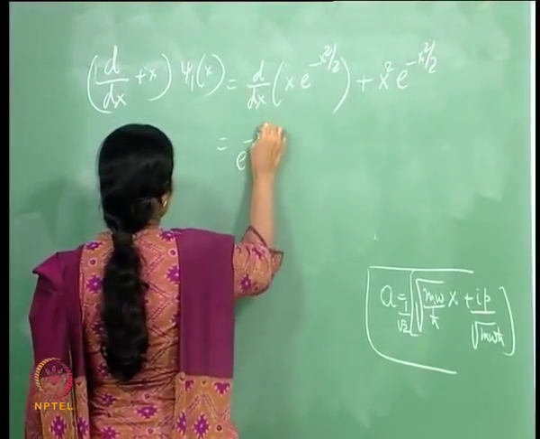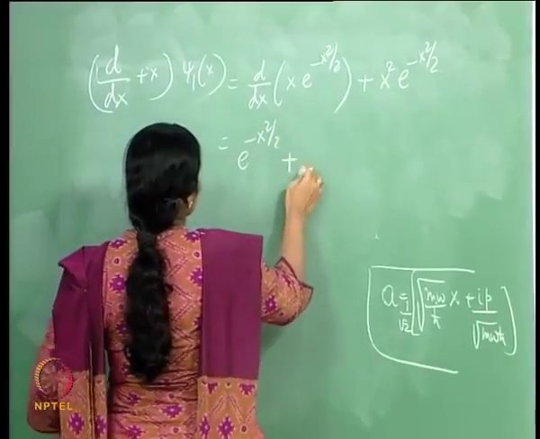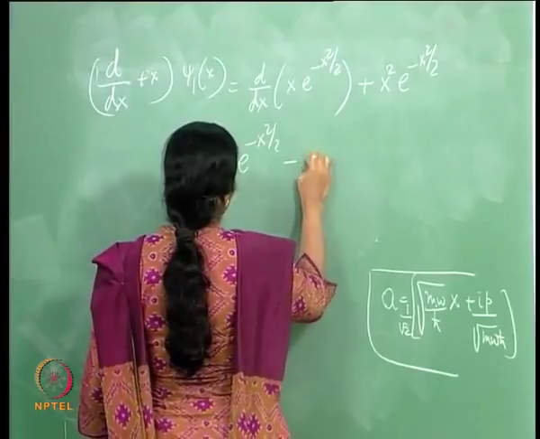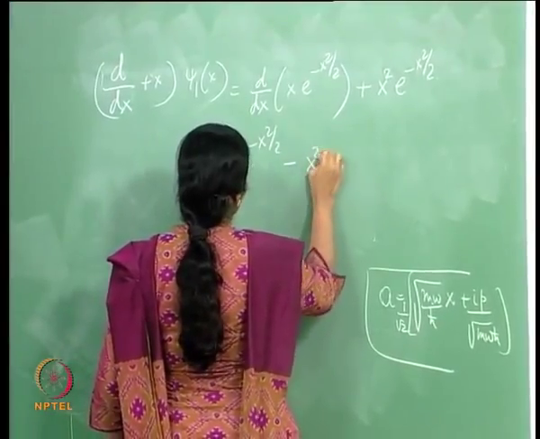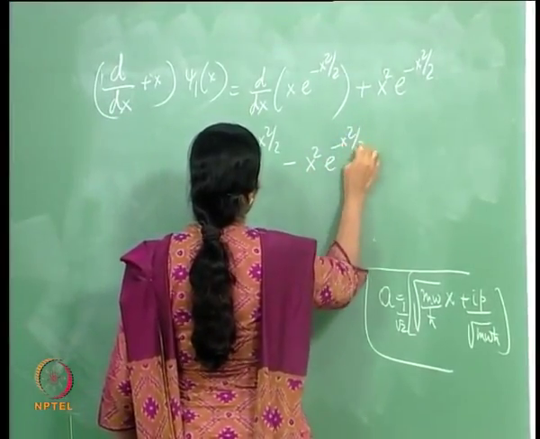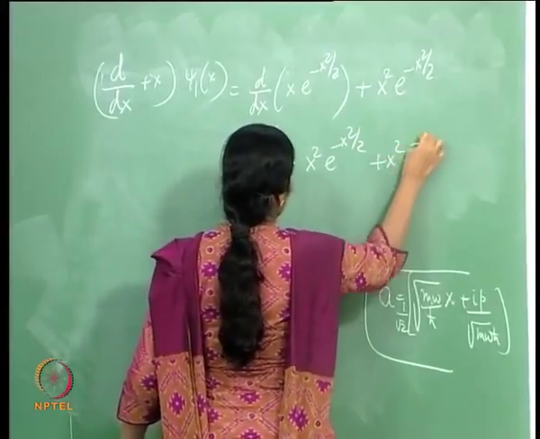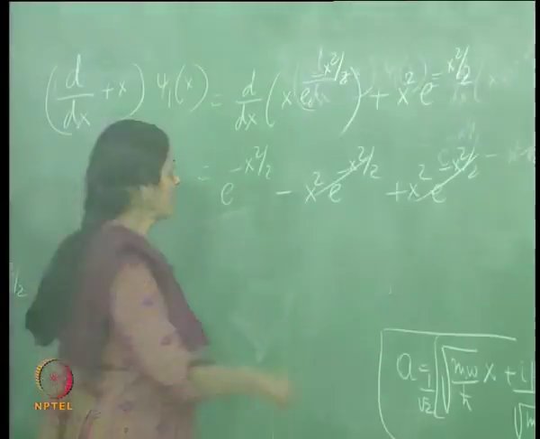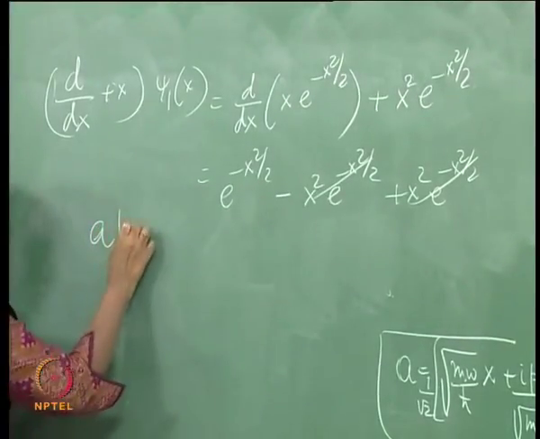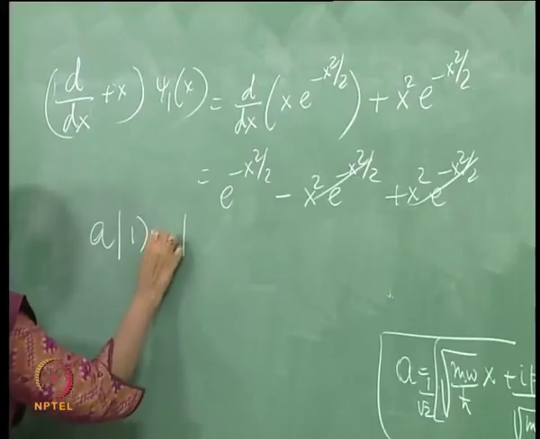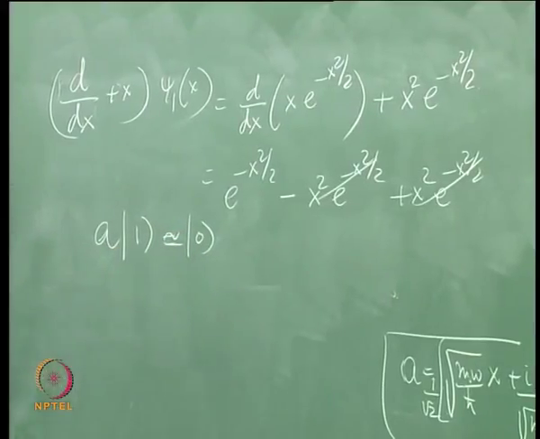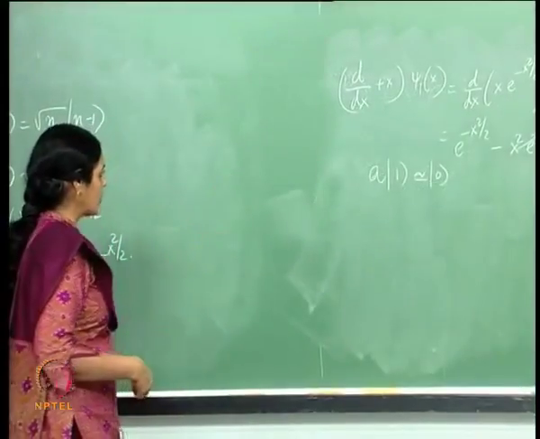So, that is e to the minus x squared by 2 minus x squared e to the minus x squared by 2 plus x squared e to the minus x squared by 2, and that gives me the Gaussian. So, you see A on ket 1 is essentially ket 0. Because I have not put down the constants, this is good enough for me to see it.